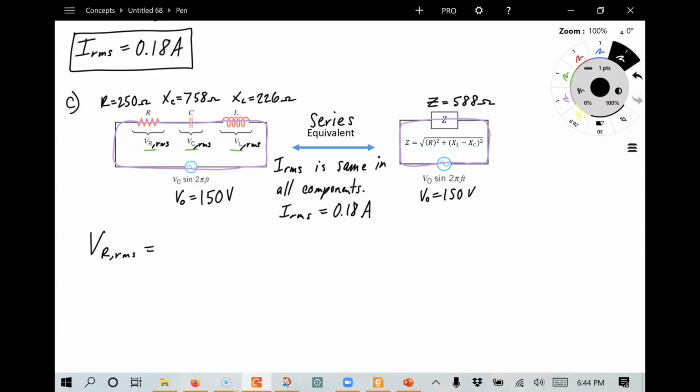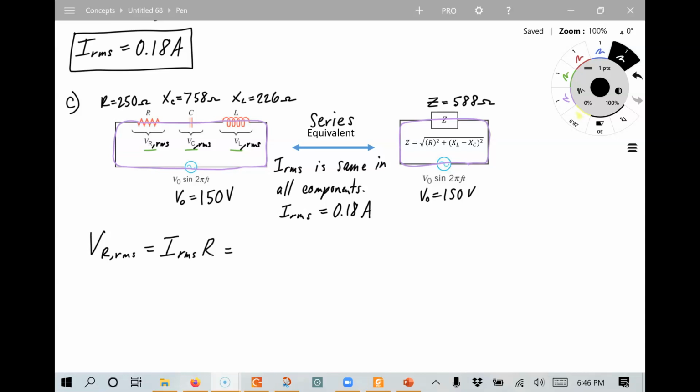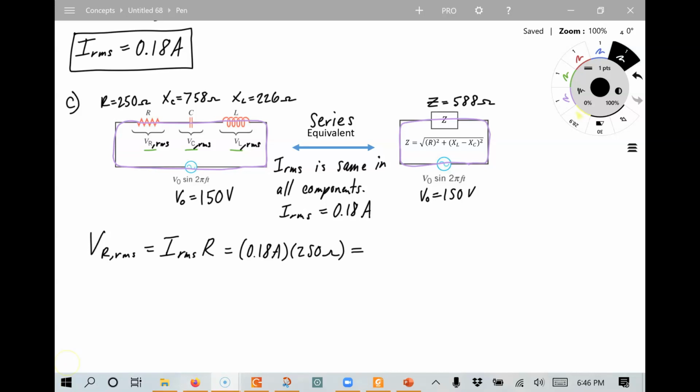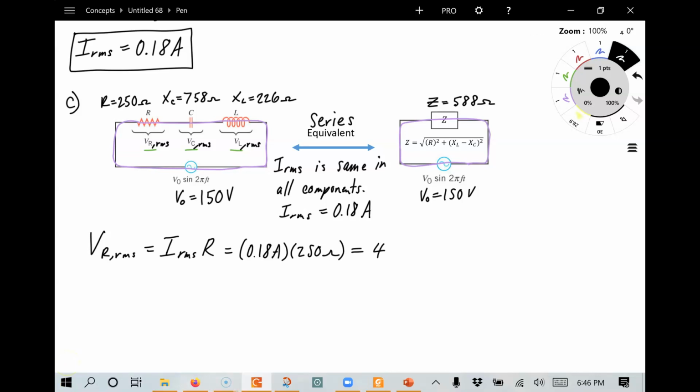We can just use the regular old Ohm's law, V RMS equals I RMS times the resistance. Inserting the current and the resistance gives us a voltage of 45 volts across the resistor.